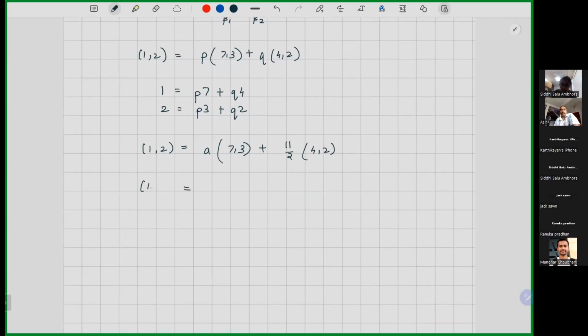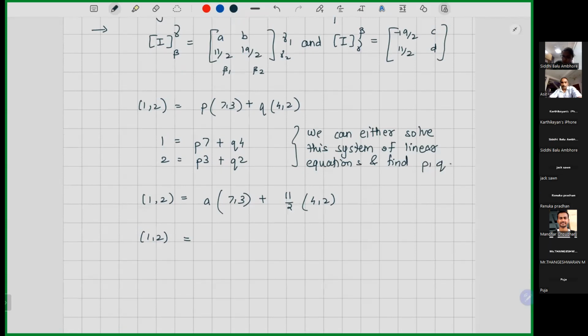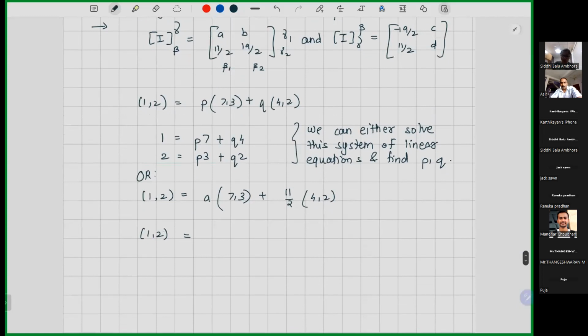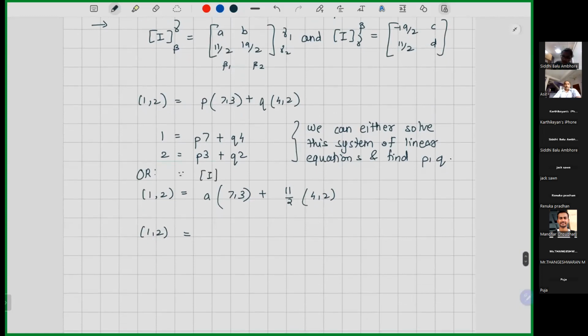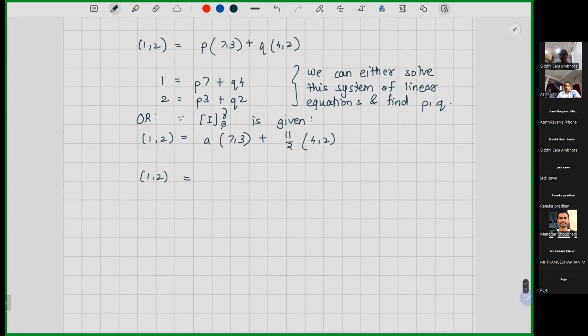Either we can solve this system of linear equations and find p and q, or, since I beta gamma is given, I get (1, 2) is A (7, 3) plus 11 by 2 (4, 2).